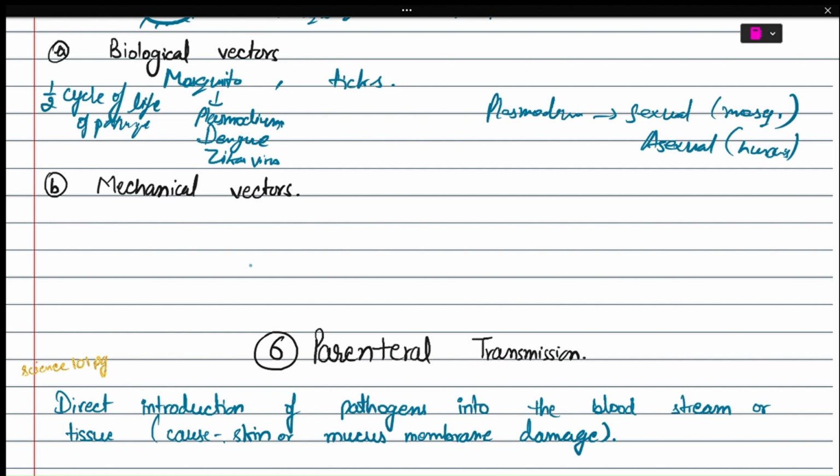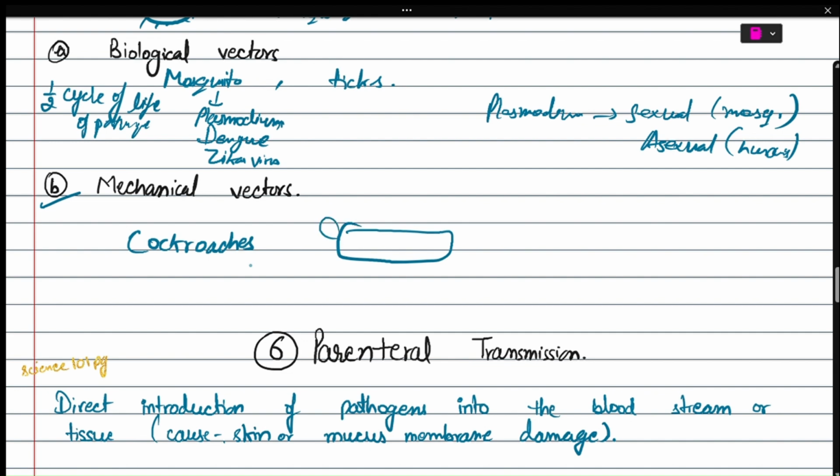Now after this we have mechanical vectors. In mechanical vectors we can take the example of the world famous cockroaches. Okay, let us say this is a cockroach. I am once again sorry for my bad drawing. The cockroaches can carry pathogens on their body, right?